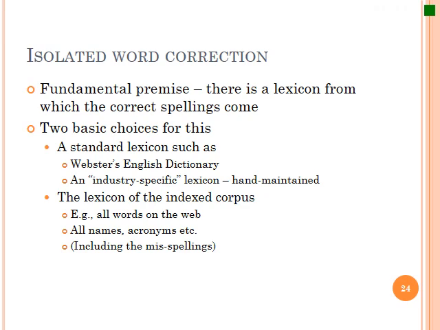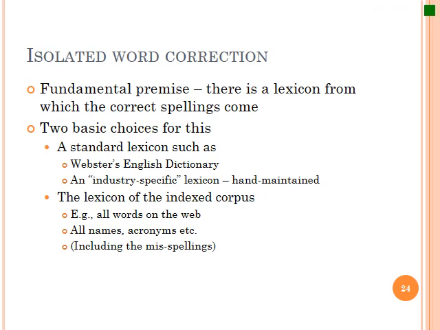And then the second choice is a lexicon of the index corpus. Okay, in other words, I don't care so much about the actual standard English. All I care about is that I have this much data, this much document in my corpus, right? All I need to know is the words in this corpus. I don't have to know all the other words in the world.